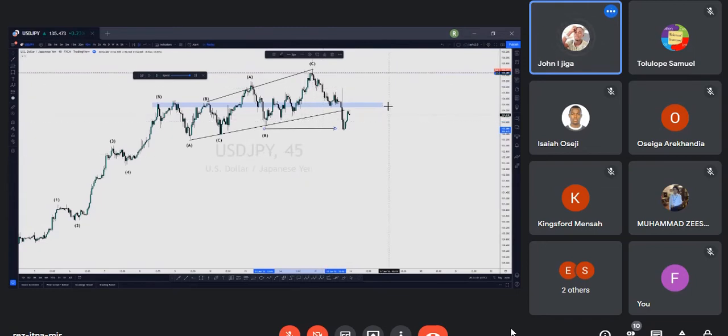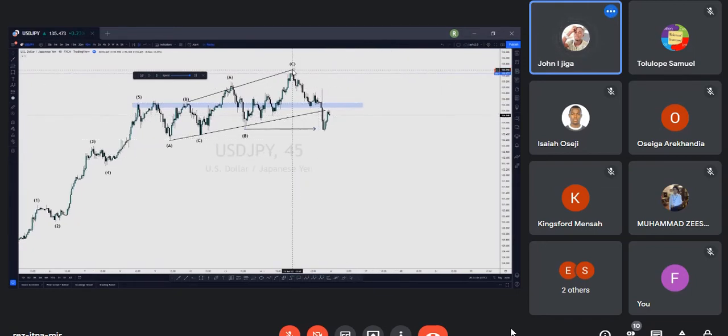But what do we have here? We have an impulsive wave of wave 1, 2, 3, 4, then 5, right? Wave 4 never moved into wave 1, or did it? Yeah, it did over here a little bit.